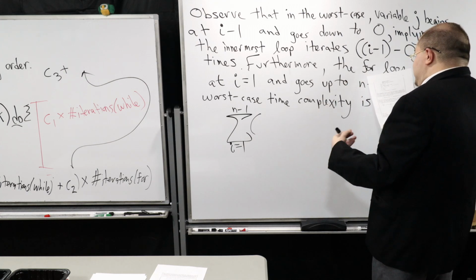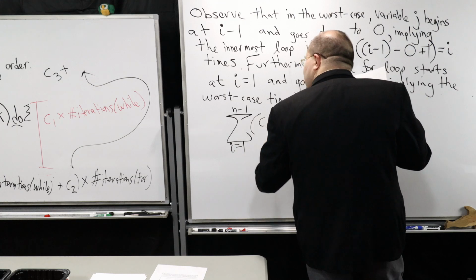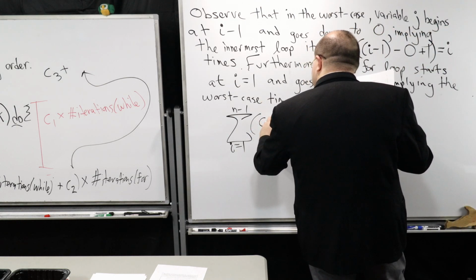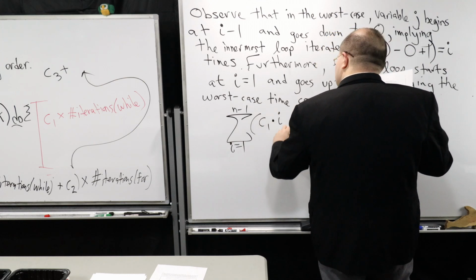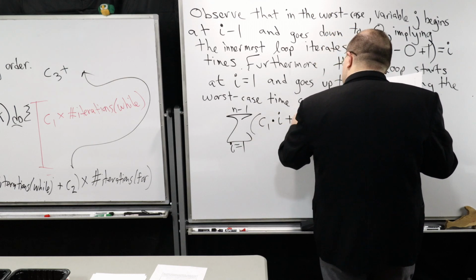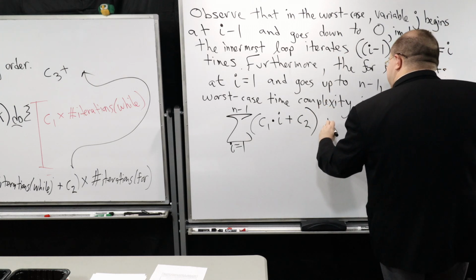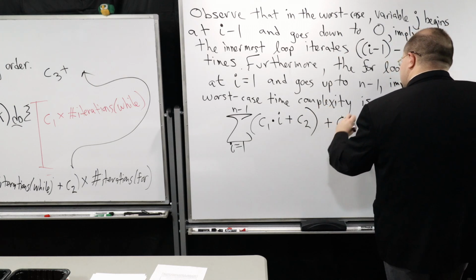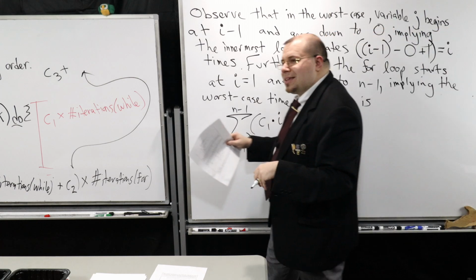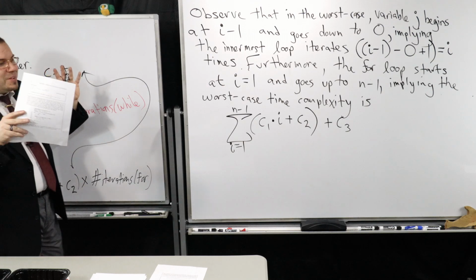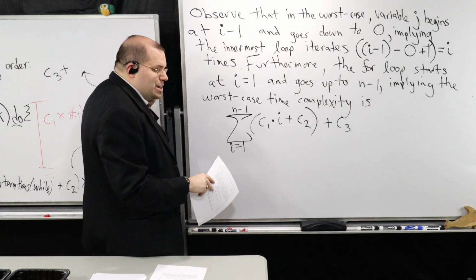It's going to take C1 times the number of iterations of the while loop, but that's I, right? So it's C1 times I plus C2. And then we have our C3 just kicking around outside of this whole thing. So this is actually the simplification of all that work I just did over there.